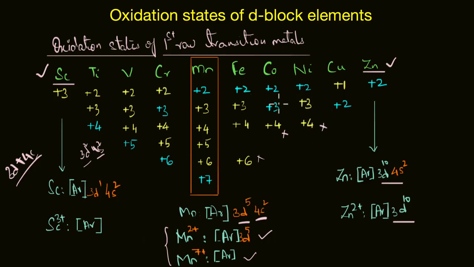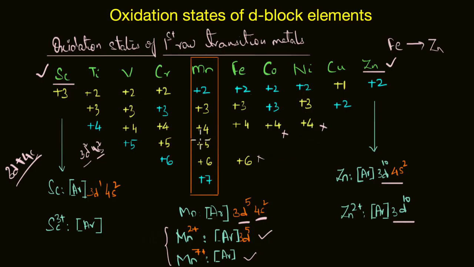Now, this decreasing stability of the higher oxidation states is because of the unavailability of empty d orbitals, or in other words, the presence of too many d electrons. This is why lower oxidation states get favored in elements ranging from iron to zinc. These variable oxidation states are an important characteristic property of the d block elements, and as we saw, this occurs due to the incomplete filling of the d orbitals.